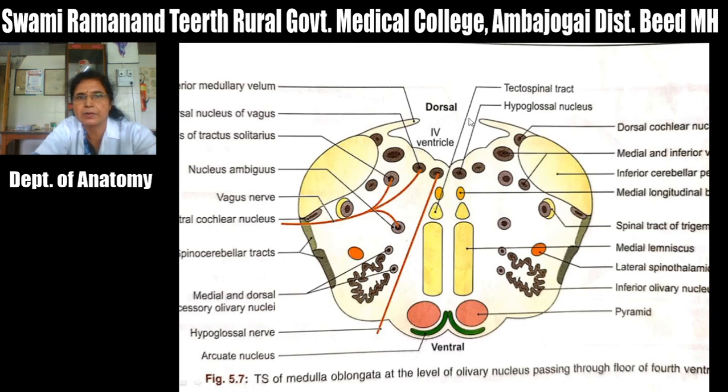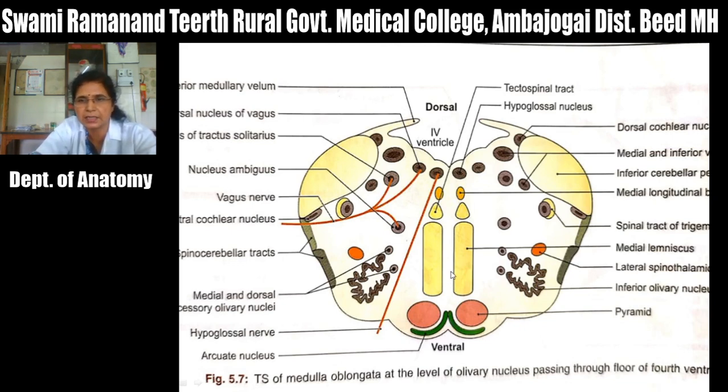So this stria medullaris is nothing but the efferents of the arcuate nuclei, and the anterior external arcuate fibers are also efferents of this arcuate nuclei.